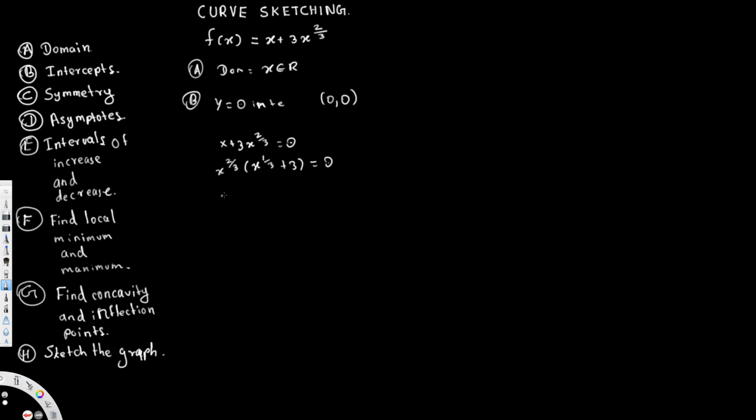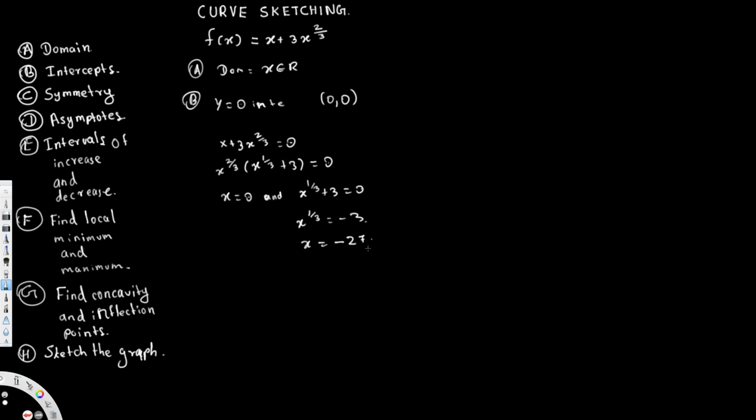Then we can say x is equal to 0 also, and x^(1/3) plus 3 is equal to 0. If I solve for this one, I will get x^(1/3) is equal to minus 3, and if I cube both sides, this will cancel and it's going to become x, and on this side it's going to be minus 27.